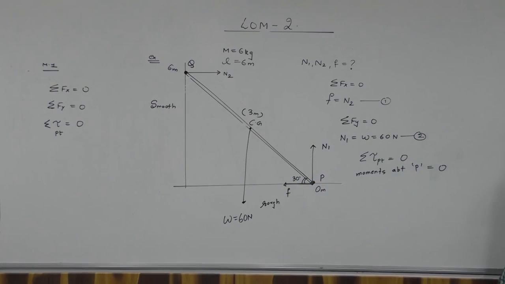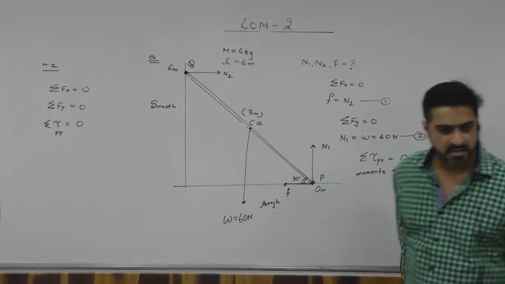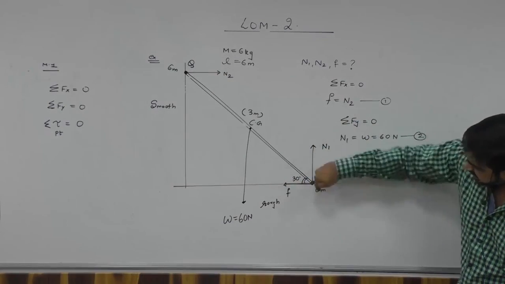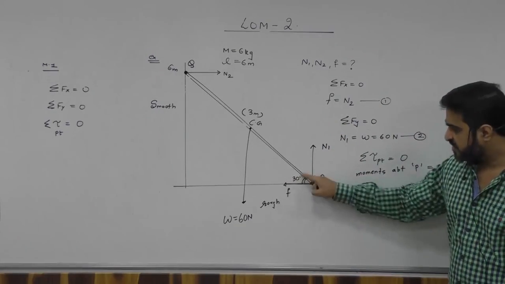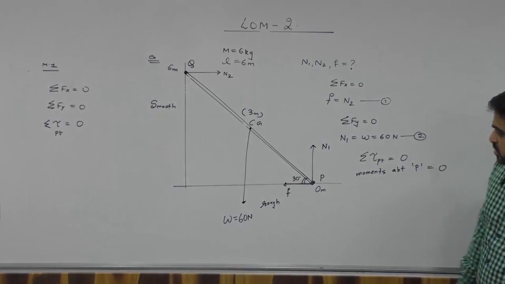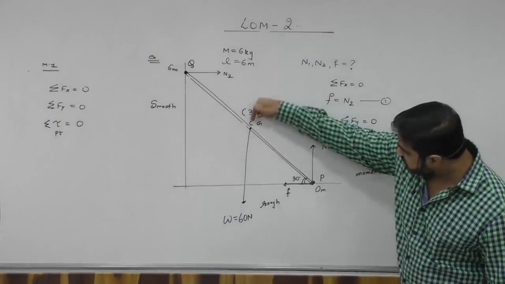Okay? Acha, now, how many forces are there as a whole total? 1, 2, 3, 4, right? But they will become 0 because force into perpendicular distance at this point is 0. So N1 into 0 is 0. F into 0 is 0. Yes or no? What will be the third force? W. W is vertical.